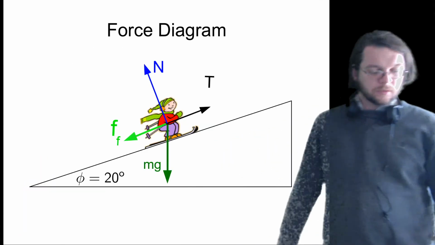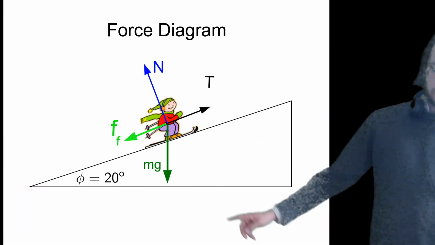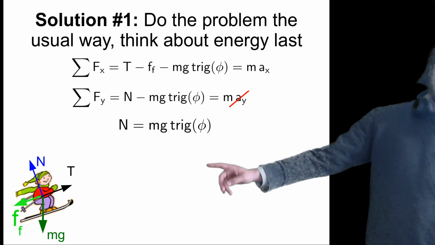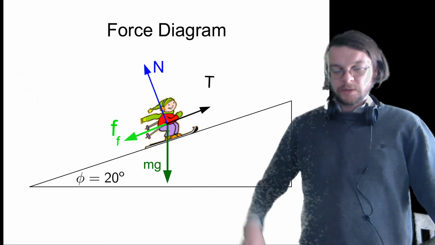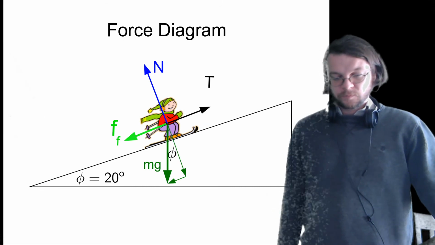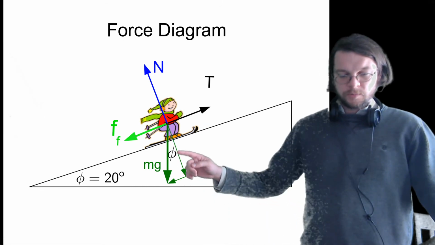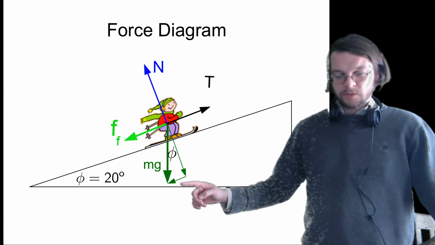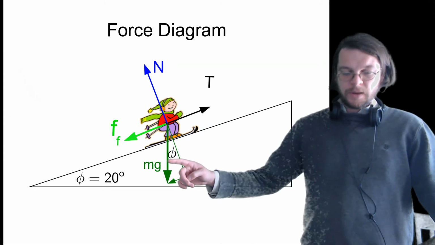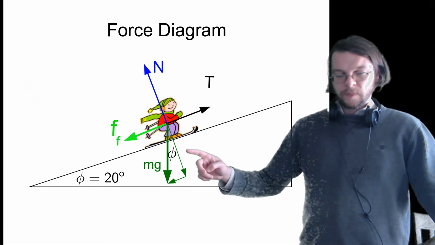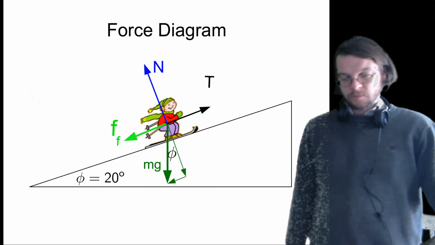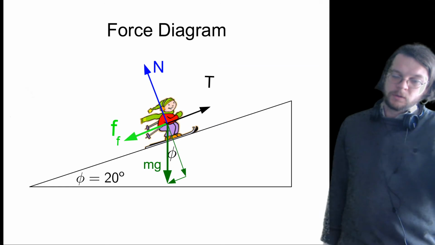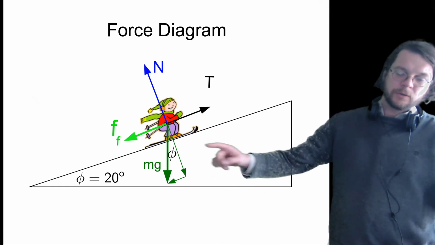And if you stare at the mass for long enough, which is what we're going to do now, we can try to figure out what trig function this is. So again, this is the component of the weight that's in the y direction. There is a component in the y direction and a component in the x direction. If the hypotenuse is mg, adjacent over hypotenuse would be cosine, right? And so the y direction here would be cosine.